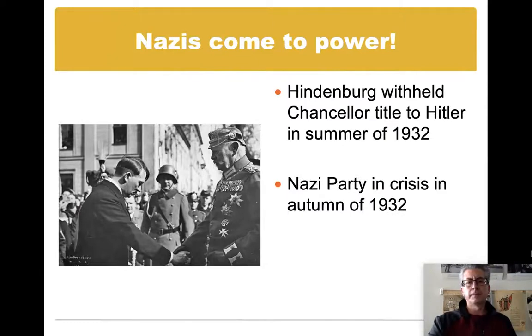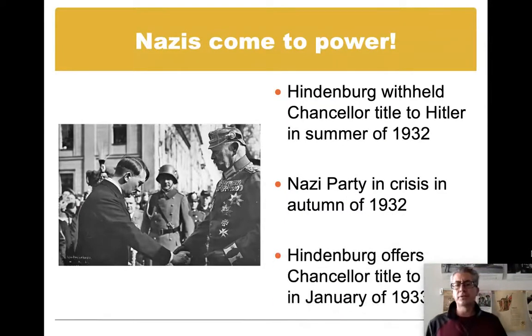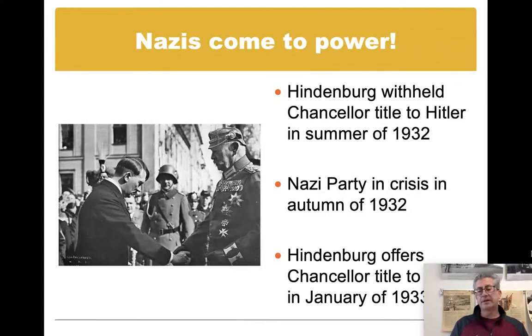Now, in 1932, it really is beginning to pave the way for the Nazis to come to power. Because of that election success, the Nazis will have several people within the minister cabinet.